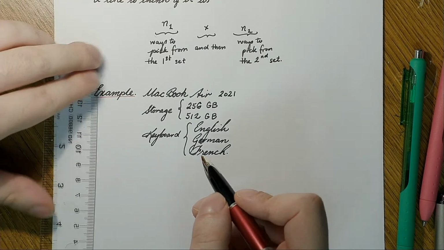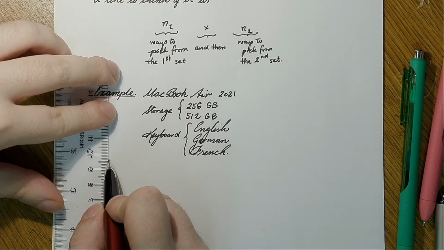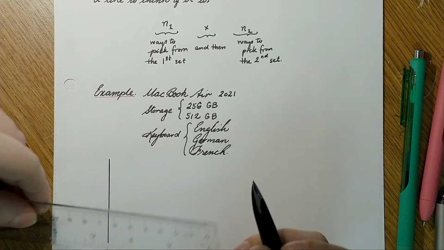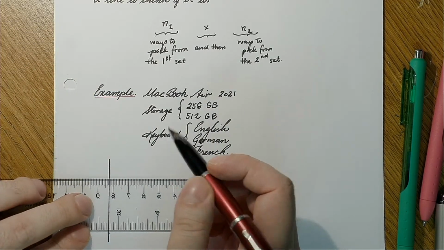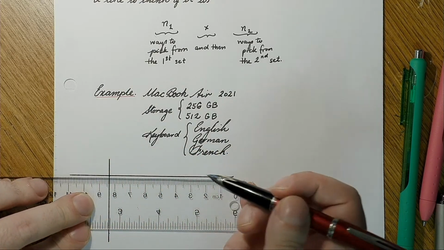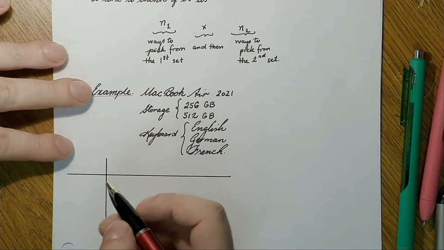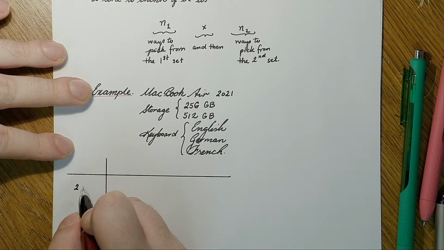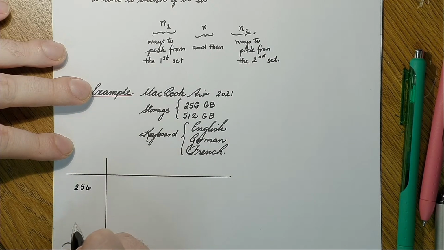One way we could do it is to make a table. Here's 256, here's 512.